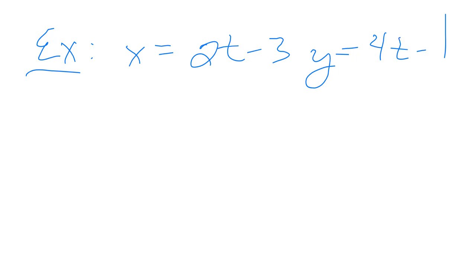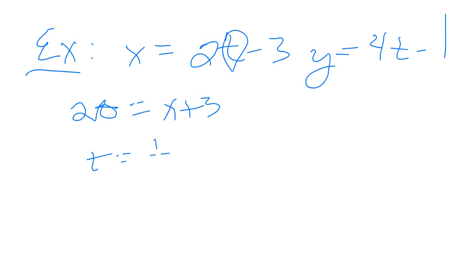To sketch the curve, we solve for one variable in terms of the other. I could solve for t: 2t equals x plus 3, and then t equals (x plus 3) divided by 2, or 1/2 x plus 3/2.